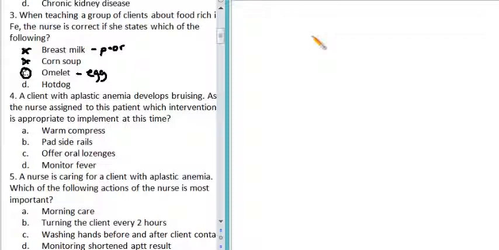Okay, next, number four. A client with aplastic anemia developed bruising. As a nurse assigned to this patient, which intervention is appropriate to implement at this time? So the patient with aplastic anemia has decreased RBC.